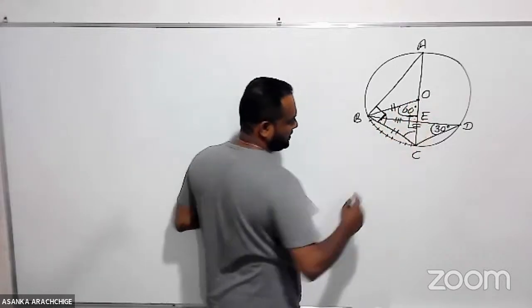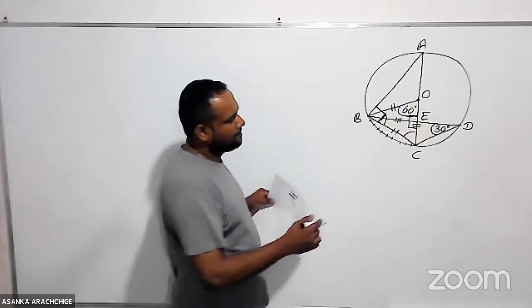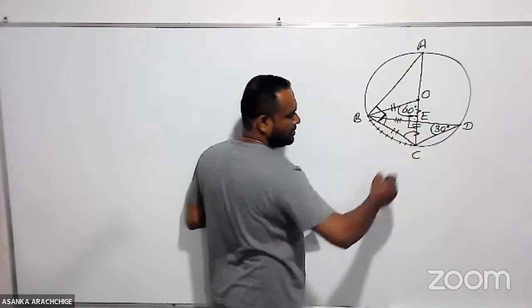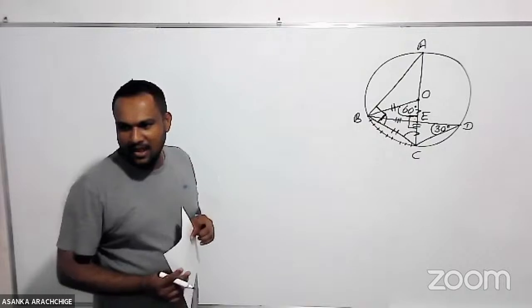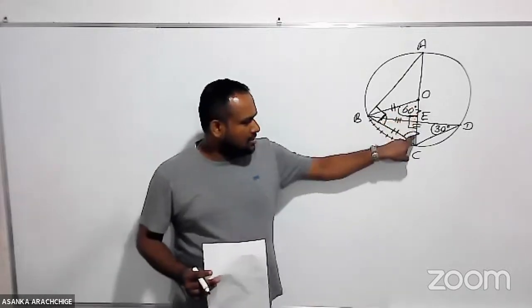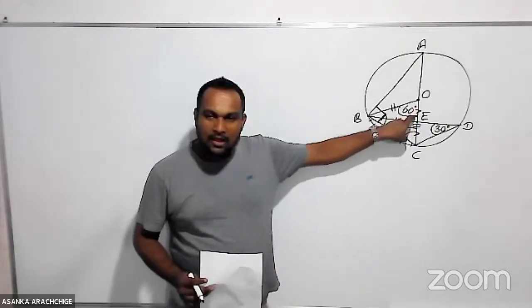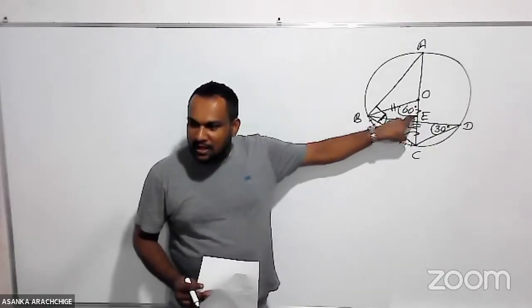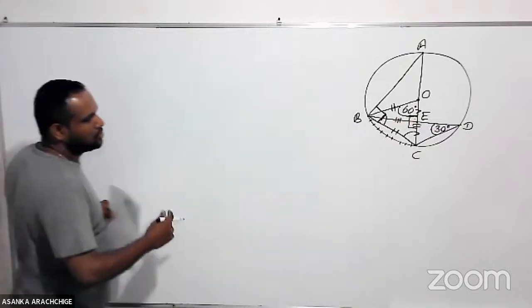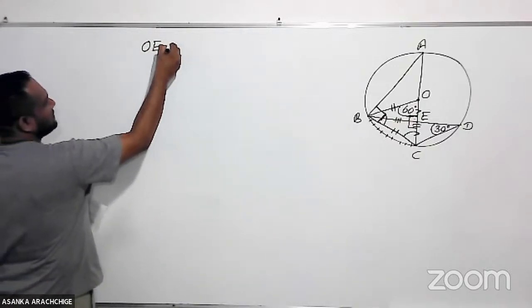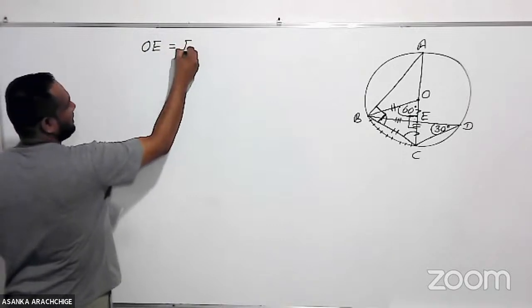This is OE. Tell me the one. Is OE equal to EC? Yes, because they are corresponding elements of congruent triangles. You can say OE equals EC.